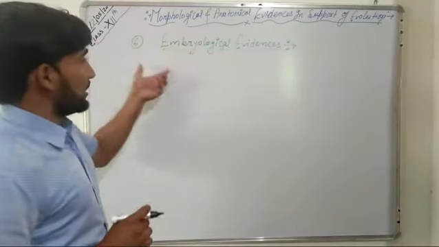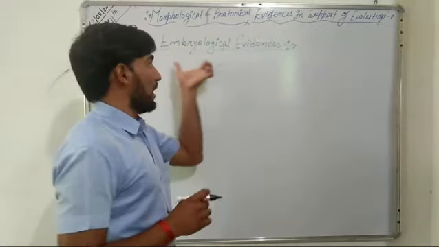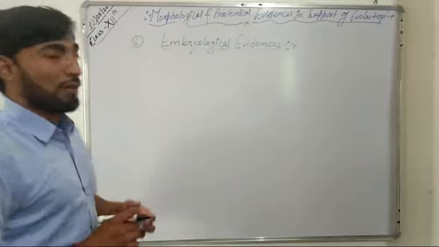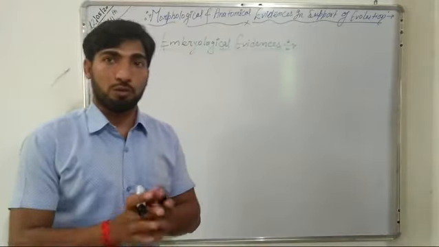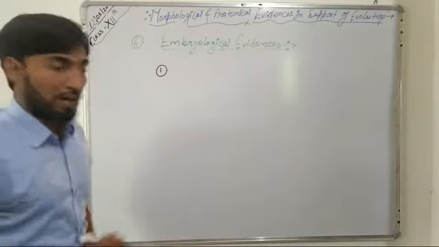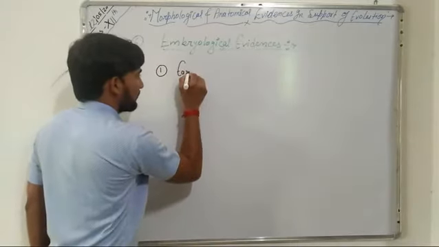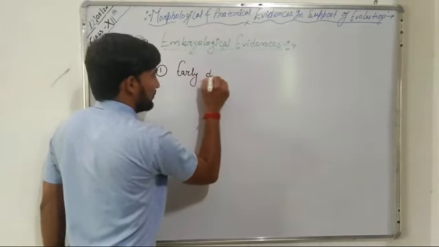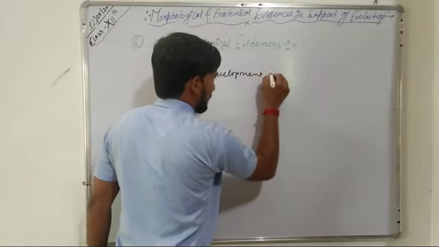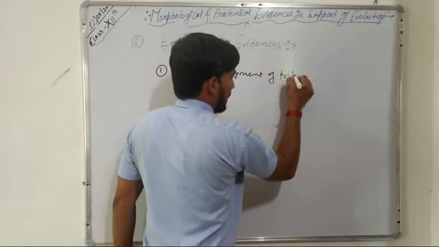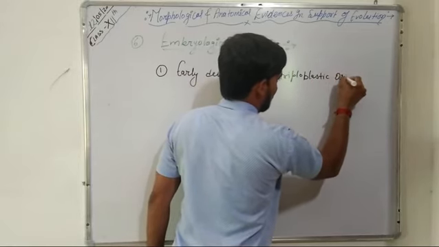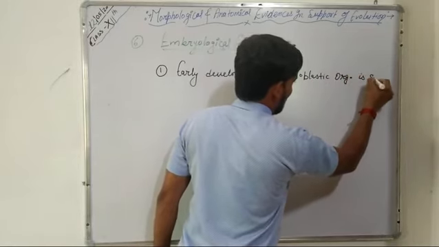Now the sixth evidence of evolution is embryological evidence. These embryological evidences usually relate to our embryo, and the first example is that the early development of all triploblastic organisms is similar.